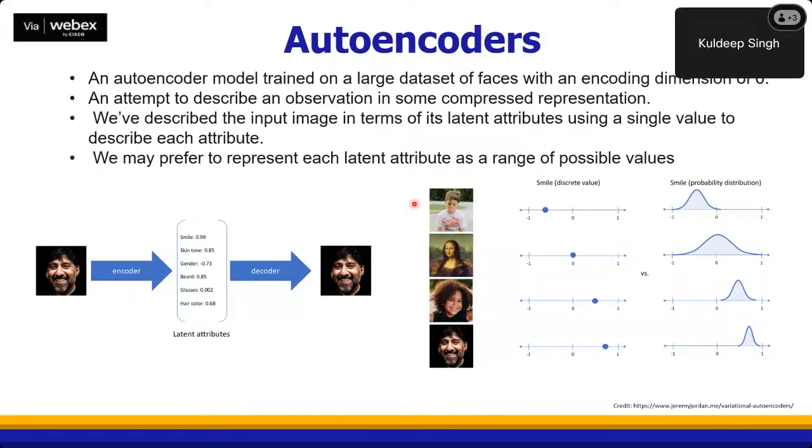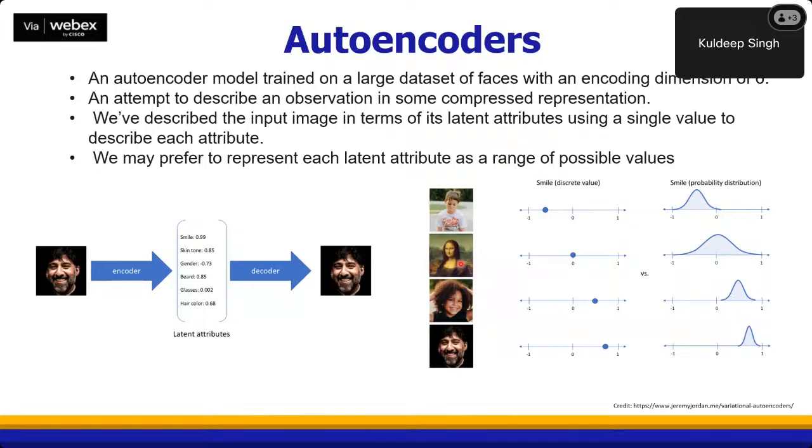But this is the limitation of the autoencoder. Instead of having a single discrete value in the latent space, we prefer to represent each of the latent attributes as a range of possible values, or maybe sample it from a probability distribution. So let's take the example of Mona Lisa here.